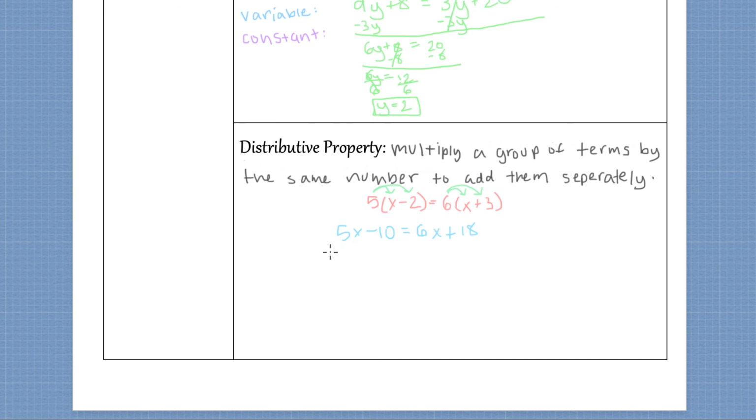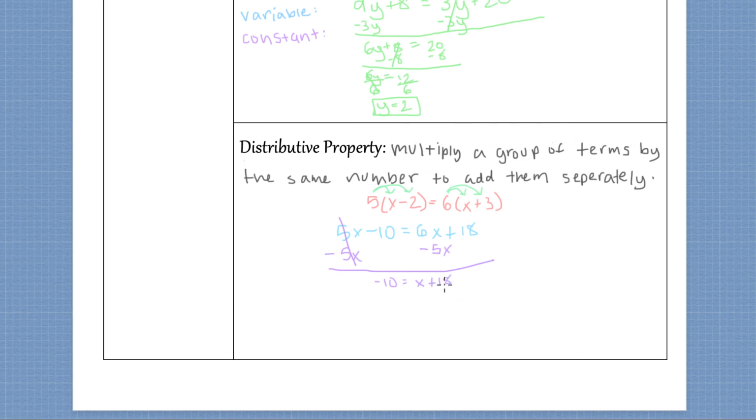So we're going to subtract 5x from this side of the equation, and since we have to do whatever we do on the left side also to the right side, we're going to subtract 5x over here too. And so 5x minus 5x cancel each other out and just leaves us with a negative 10. And then over here, 6x minus 5x leaves us with x, and then the plus 18 over here.